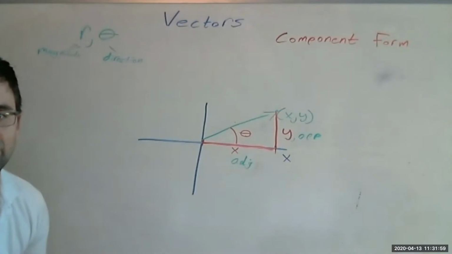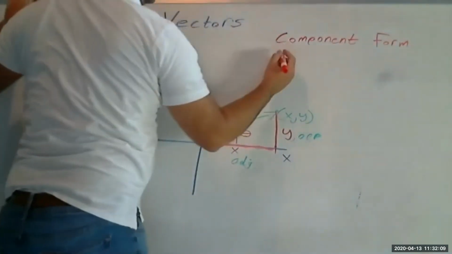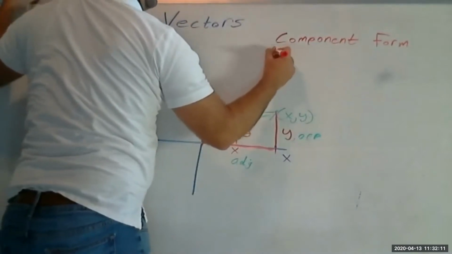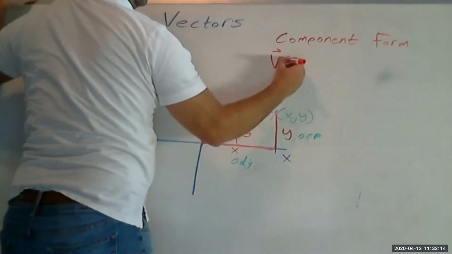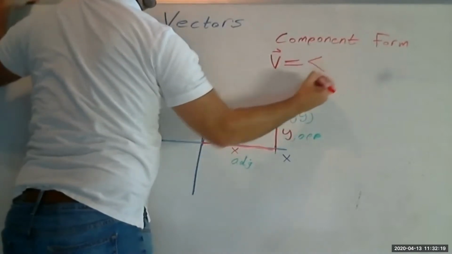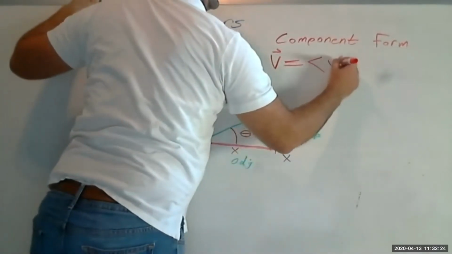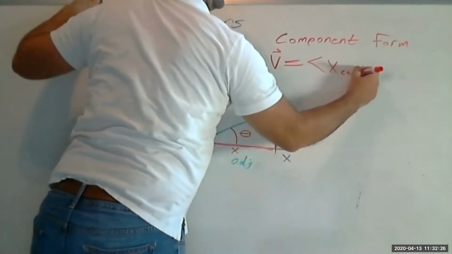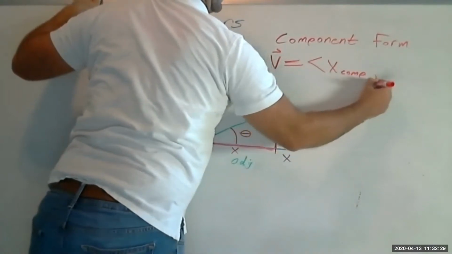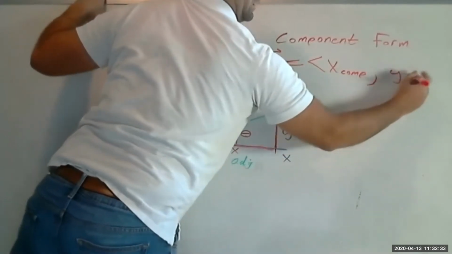For this, we have an X component and a Y component. The way we write this is the vector equals, we do a little caret bracket, and this is the X component, comma, the Y component.